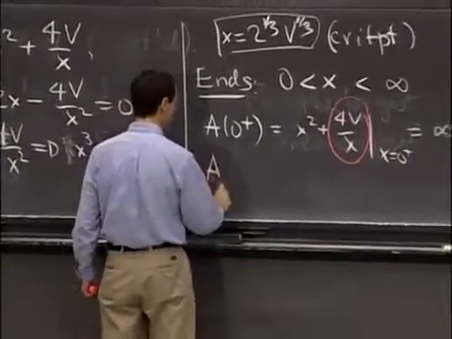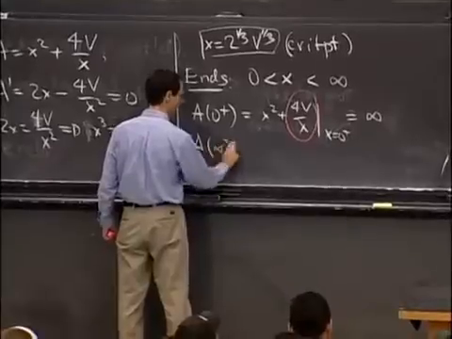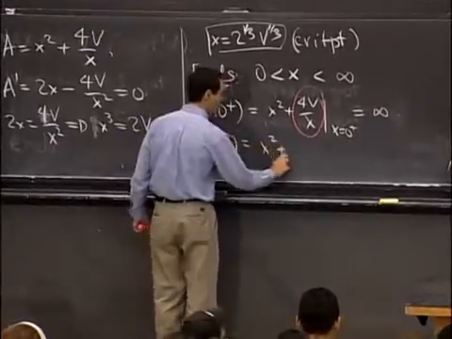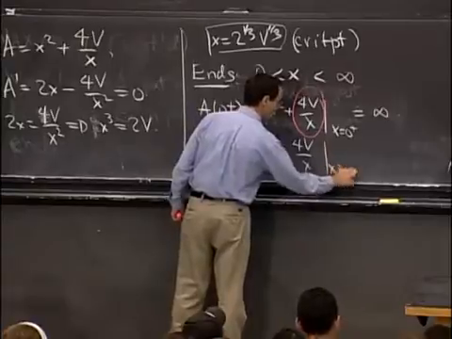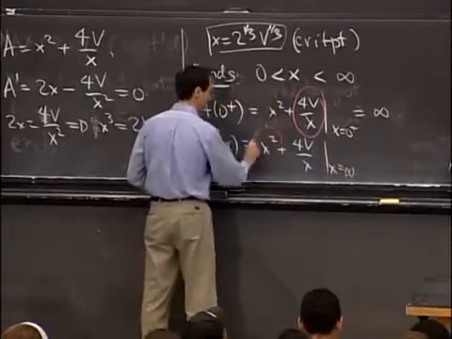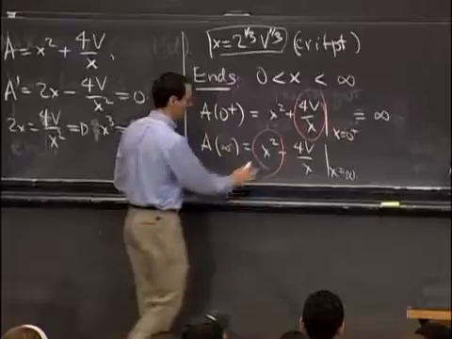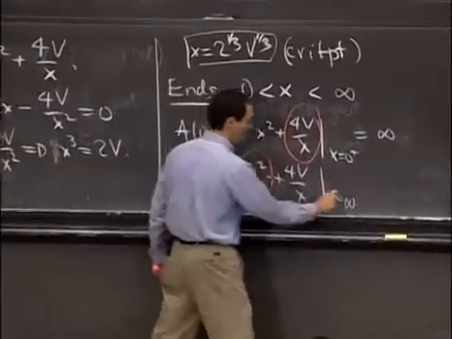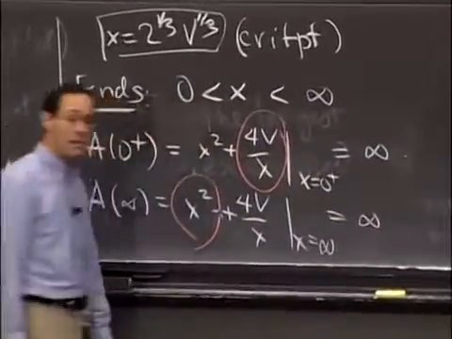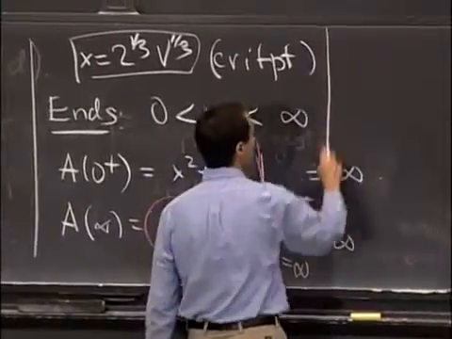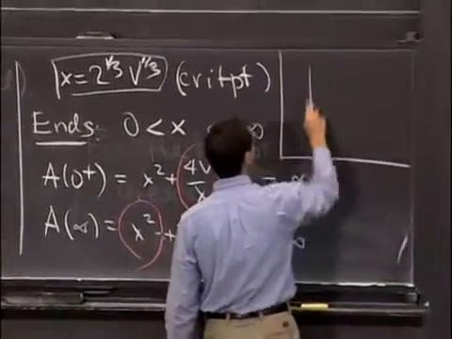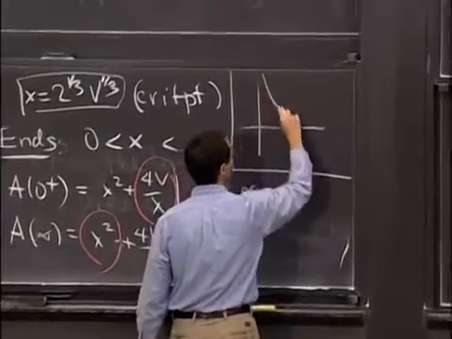All right, let's take a look at the other end. So this is x squared plus 4v over x, x going to infinity. And again, this term here means that this thing is infinite. So the shape of this thing, I'll draw this tiny little schematic diagram over here, is like this.